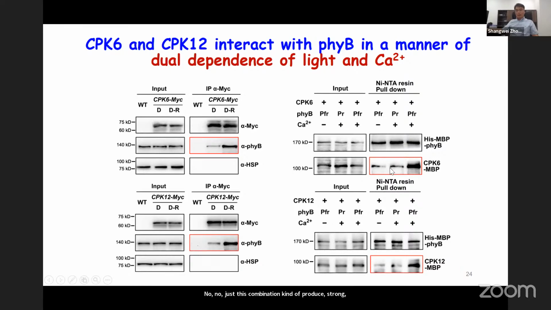The strength is very weak. However, only when the 5B is photoactivated by the red light and the CPK is activated by calcium at the same time, then the interaction will be very strong. So the interaction is in a manner of dual dependence on light and calcium.